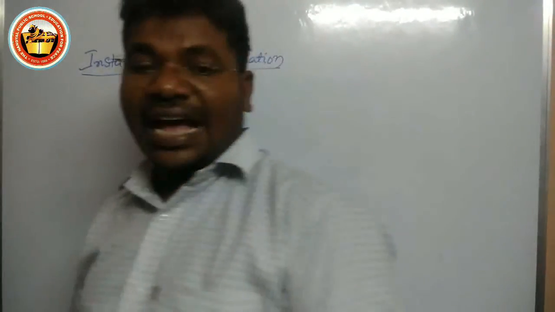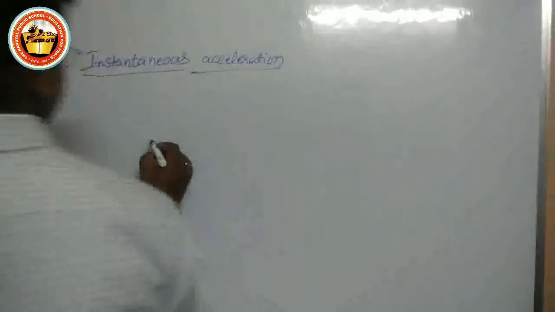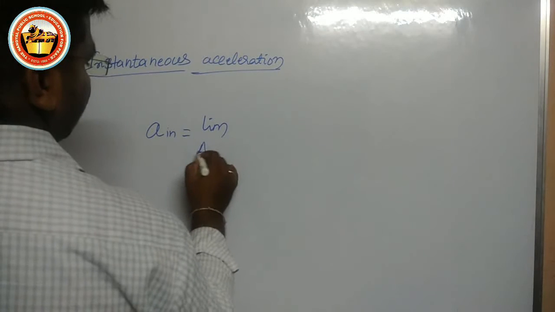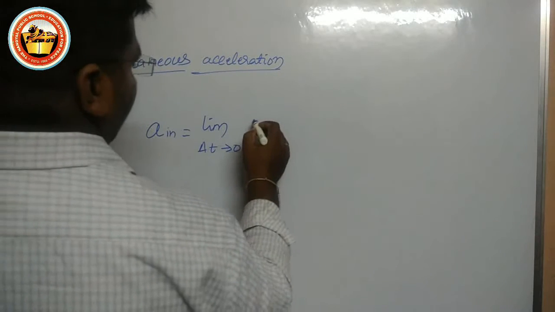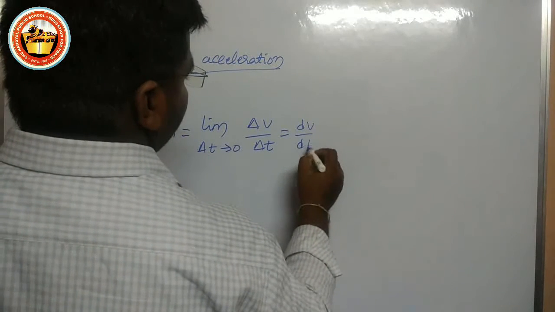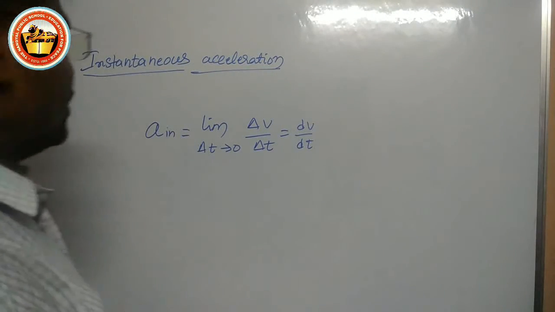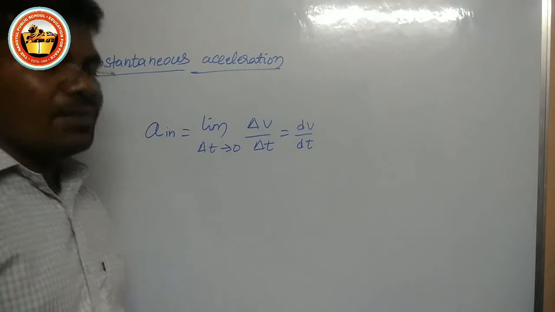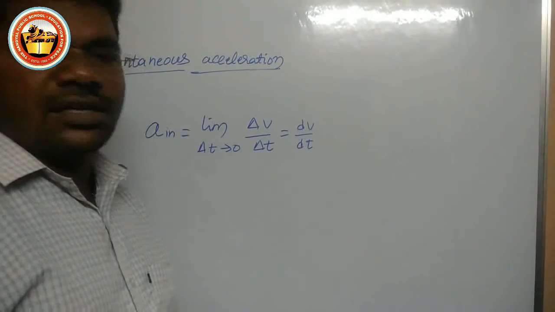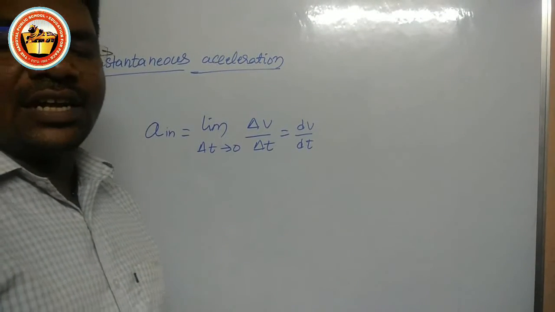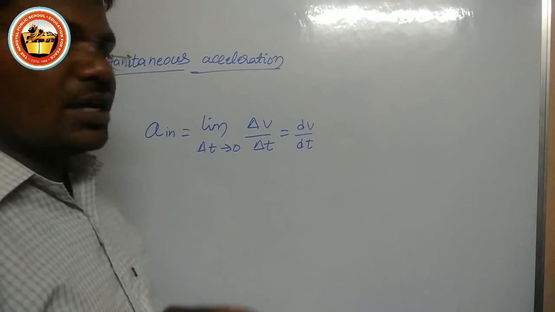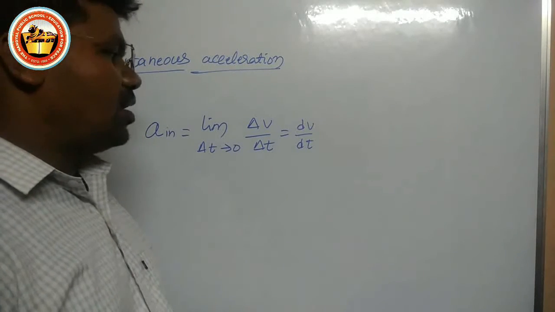So instantaneous acceleration, a instantaneous, is equal to the limit as delta t tends to 0 of delta v by delta t, or dv by dt. Here, there is no need to do any derivation or problem; it is just a formula. You just need to know this formula, that's enough.